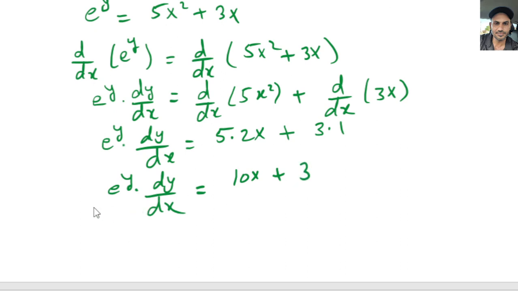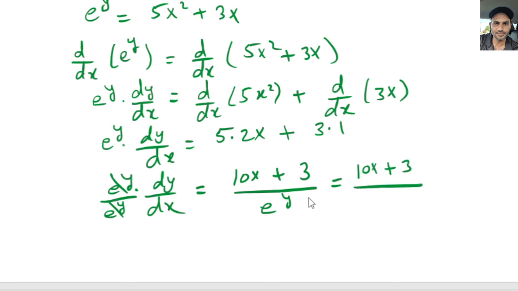And now we divide both sides by e to the y. Here e to the y cancels out, and we are left with dy over dx equals 10x plus 3 over e to the y. Then we can plug in the value for e to the y, which is 5x squared plus 3x.